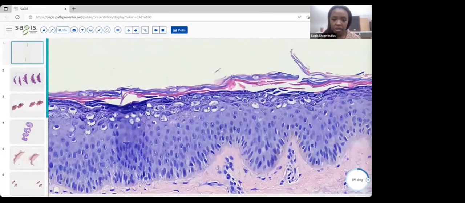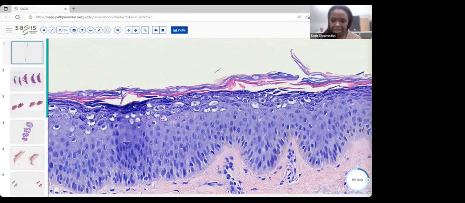Looking even closer, the nucleus is there, but it's dark and relatively small compared, for example, to the nuclei in the lower stratum spinosum and in the basal layer. So: a small dark nucleus and an enlarged keratinocyte with vacuolation in the cytoplasm.